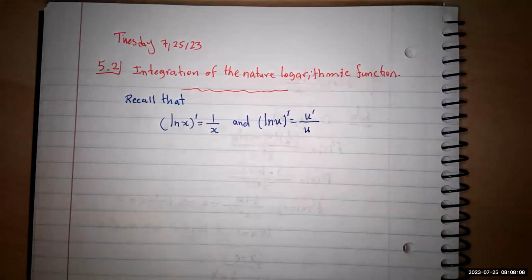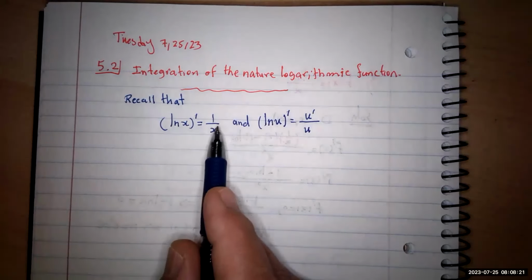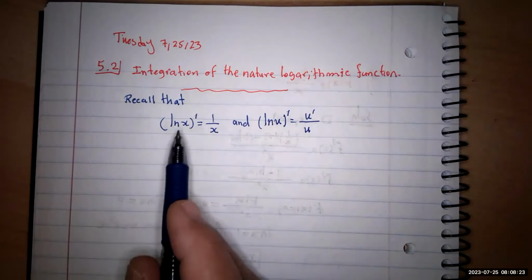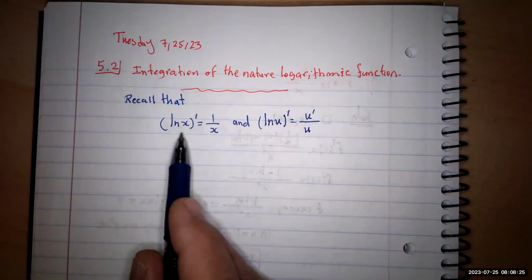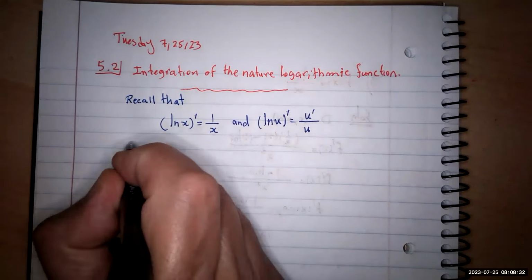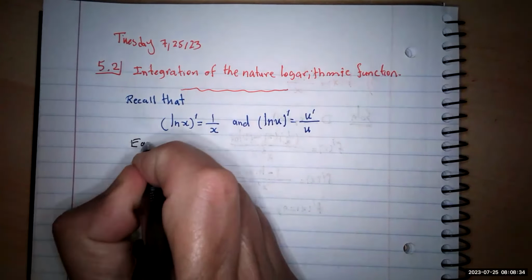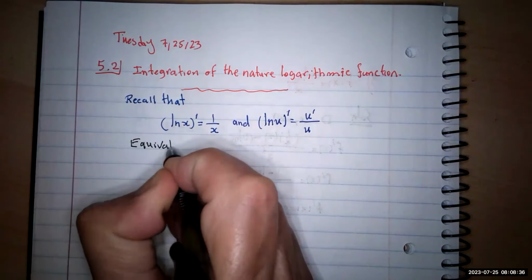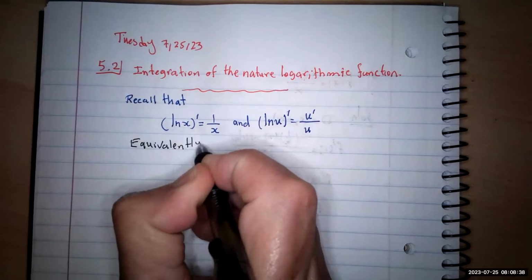You know that any formula for differentiation can be changed into the format of the antiderivative. So this first one means if you are looking for a function whose derivative is 1 over x, that function is ln x. And the same thing for this one. So equivalently, if we change it to the other format, this formula is going to be equivalent to the following.